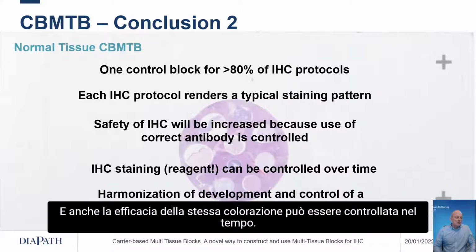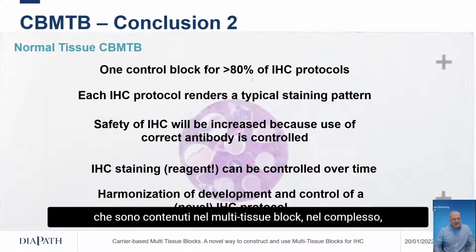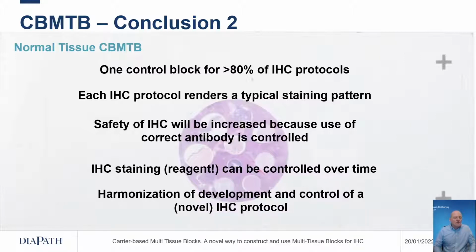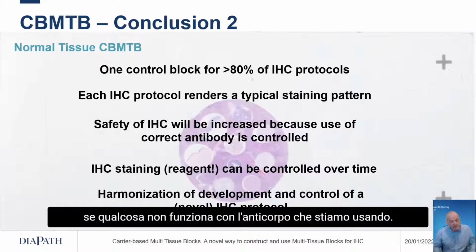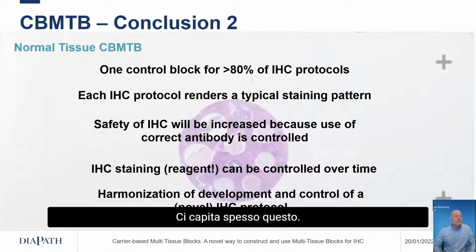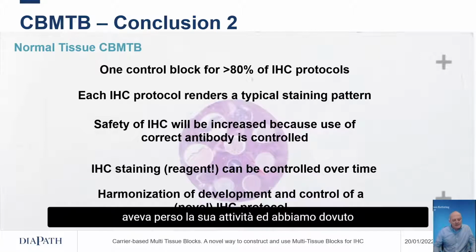And also, the staining can be controlled over time, even if you change the different skins and livers that are in there. Overall, a certain protocol will always generate a very similar staining. And it's a very sensitive marker that immediately shows that something is wrong with the antibody that we're using. We just had it 3 weeks ago that one of our multi-tissue blocks instantly showed, oh, there's something wrong with this antibody, and it turned out it lost reactivity.